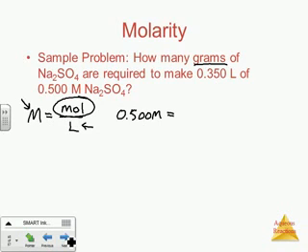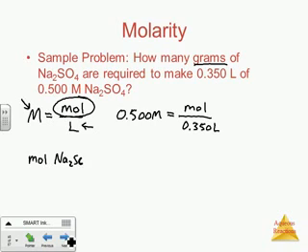0.500 molar equals moles over 0.350 liters. Now to solve for moles here, we just multiply both sides by the 0.350. So the moles of Na2SO4 is going to equal, I should be able to do this in my head, 0.175.